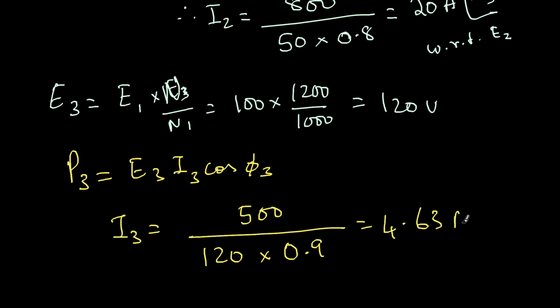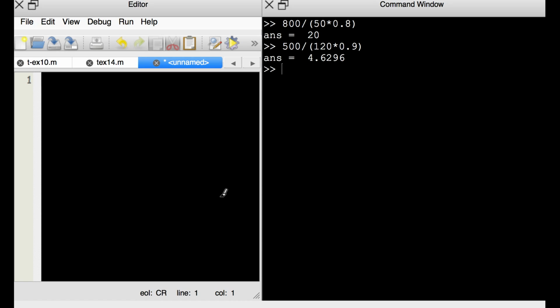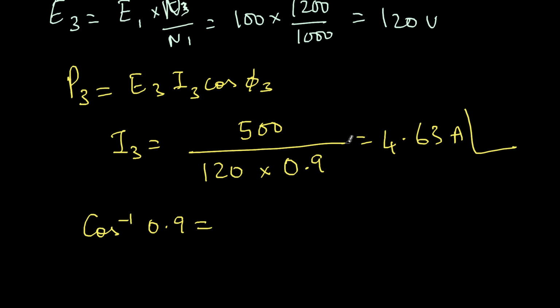And the angle: I need to know the cos inverse of 0.9. So cos inverse of 0.9 is equal to A cos 0.9. This answer will come in radians. So this radians I will multiply by 180 and divide by pi to convert into degrees. That is 25.8 degrees.